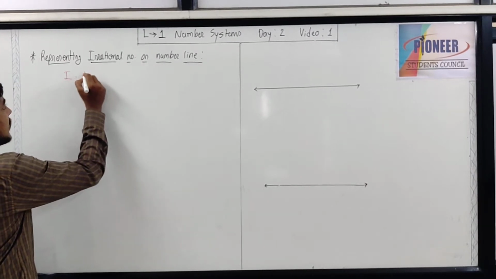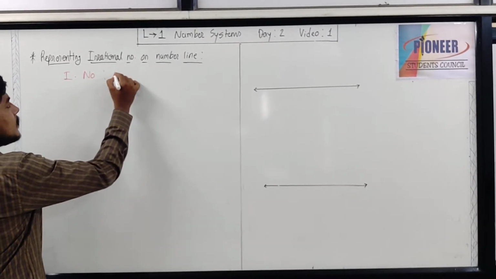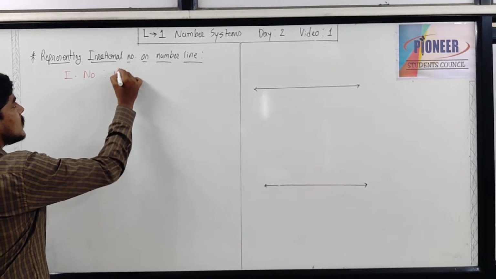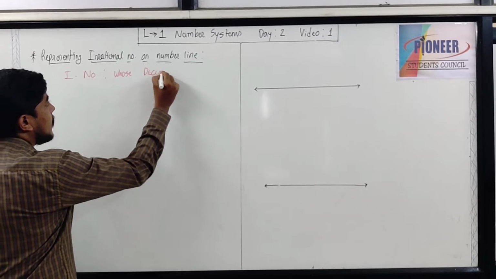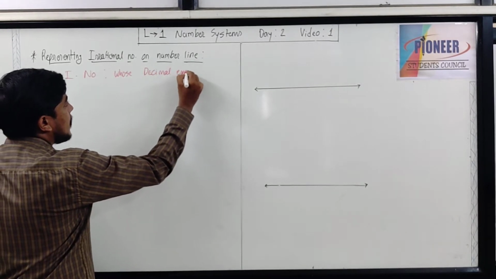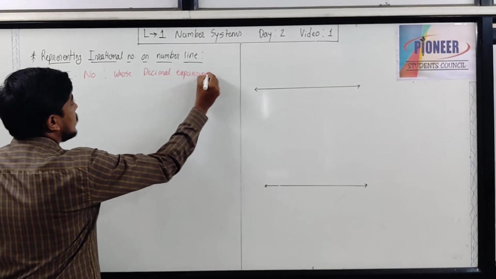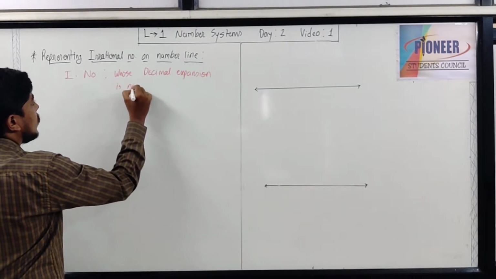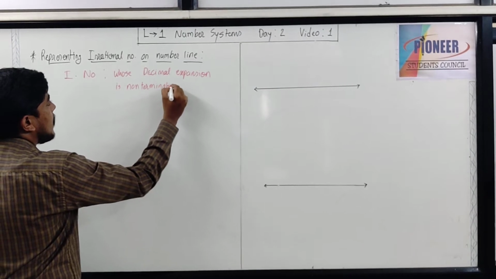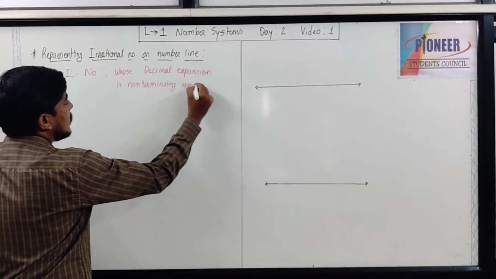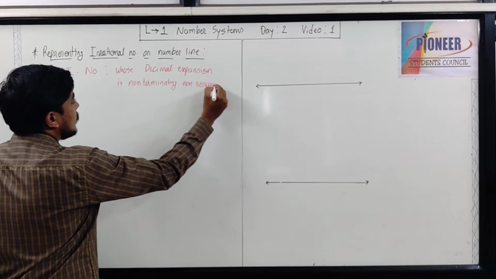Irrational numbers are numbers whose decimal expansion is non-terminating, non-recurring. Right?